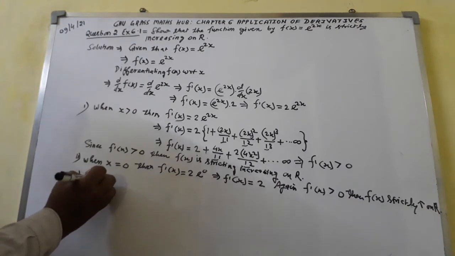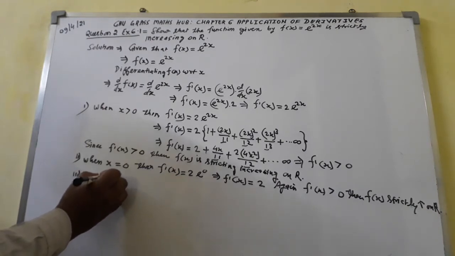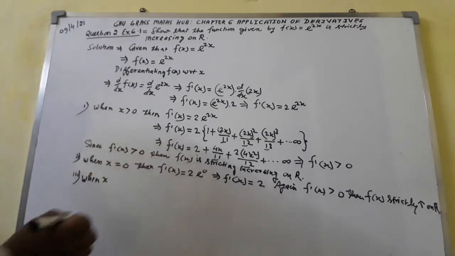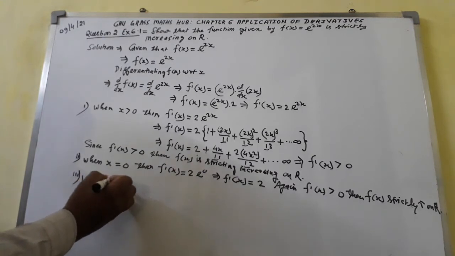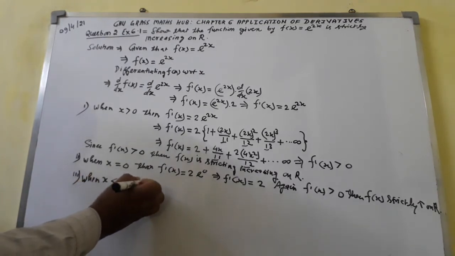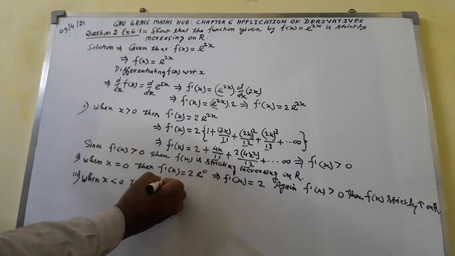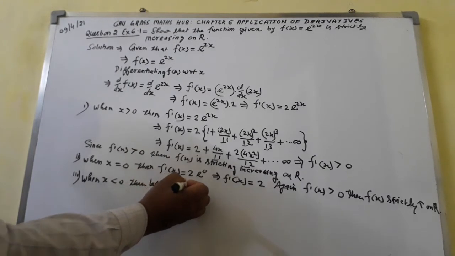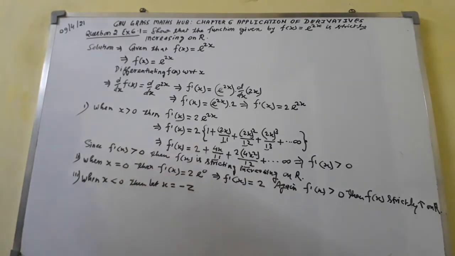When x is less than 0, then let x equal to minus z. So what to do here?